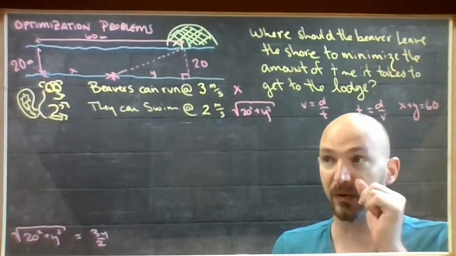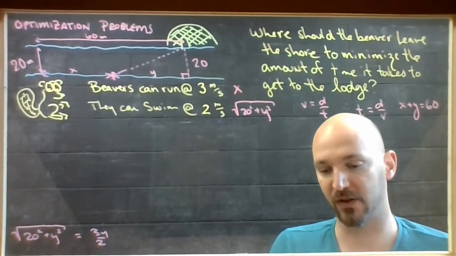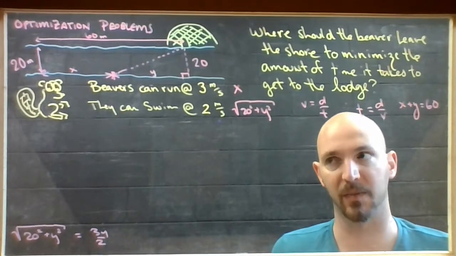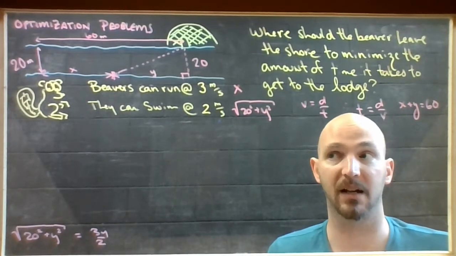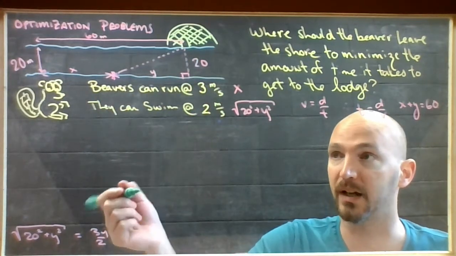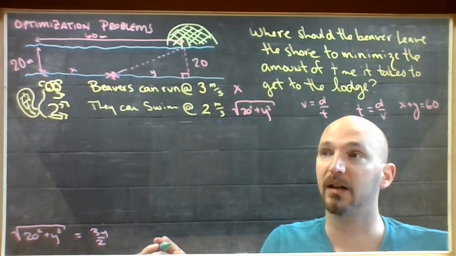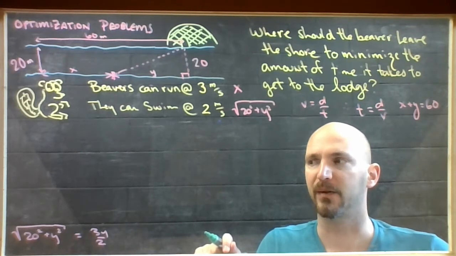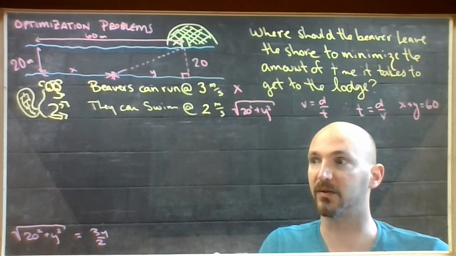of how you can use this idea of optimization and actually use it to solve a problem that somebody actually cares about. Minimizing time that you're exposed to predators is something you should probably be able to work out if it's important to you. But minimizing the time something takes is sort of fundamental to business. It's fundamental to engineering. Right?